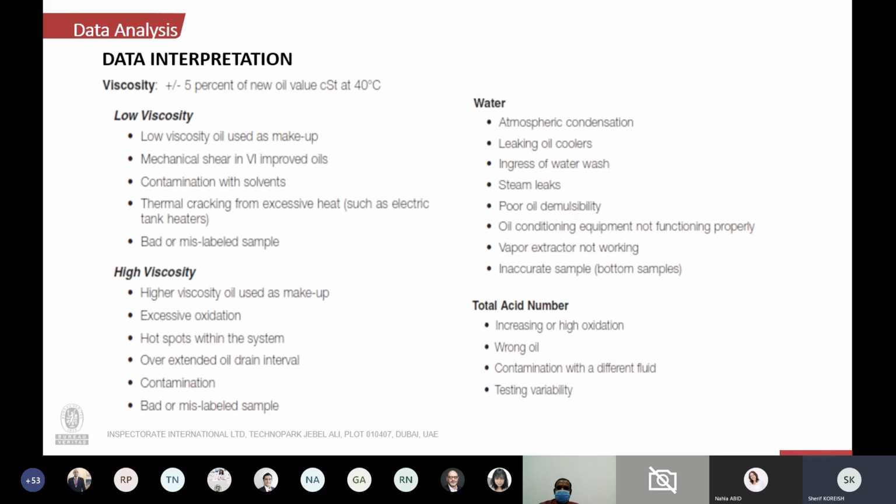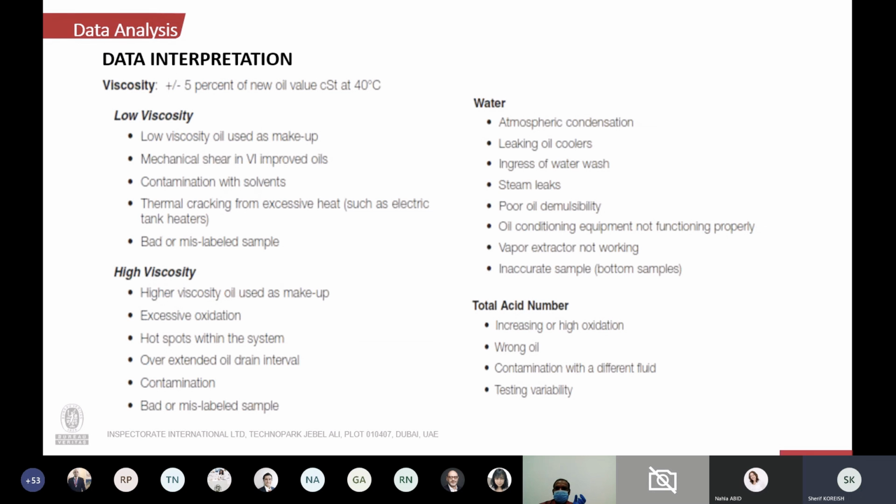We are also talking about poor demulsibility, and this is seen when you don't have VI improved oils, and any inaccurate sampling involved.